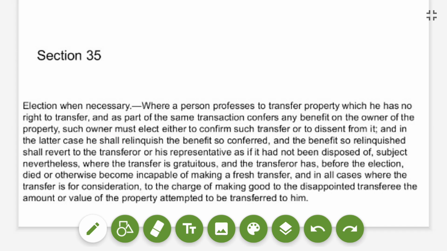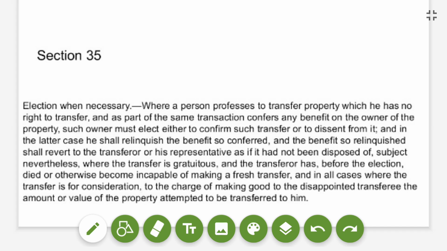Let us start. It says that where a person professes to transfer property which he has no right to transfer, and as part of the same transaction confers any benefit on the owner of the property, such owner must elect either to confirm such transfer or to dissent from it. And in the latter case, he shall relinquish the benefit so conferred, and the benefit so relinquished shall revert to the transferor or his representative as if it had not been disposed of.